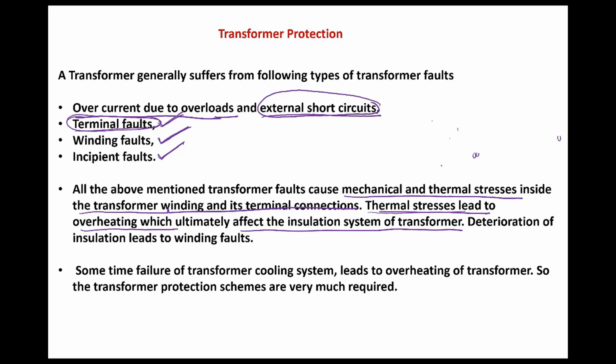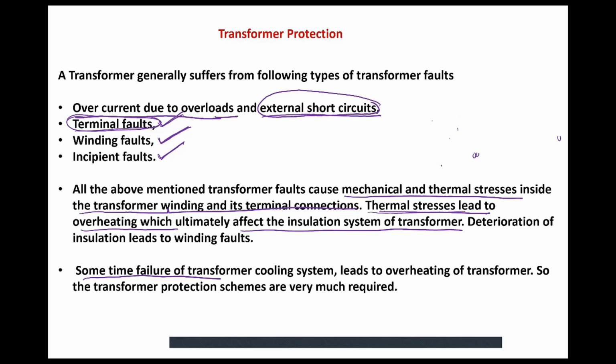Understand? The other thing is failure of the cooling mechanism. Failure of the cooling mechanism also leads to overheating of the transformer. In normal transformers, you use oil as a coolant as well as insulation.